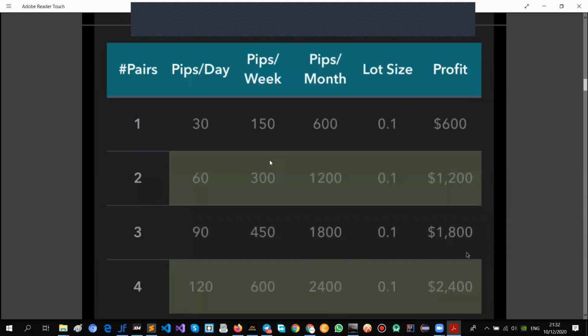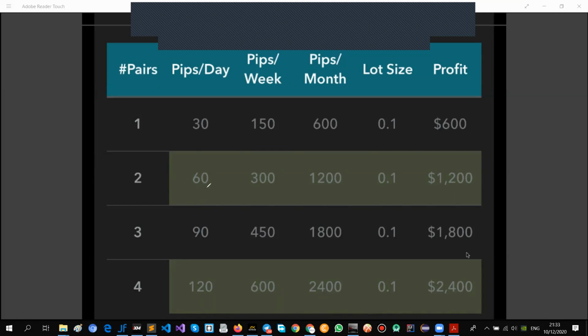So, for 30 pips a day when trading one pair, this is some simple math. When trading one pair, getting 30 pips a day, that's 150 pips a week, and that's 600 pips per month. With a lot size of 0.1, that's a profit of $600, guys.